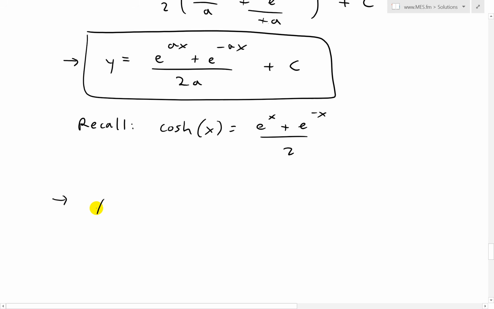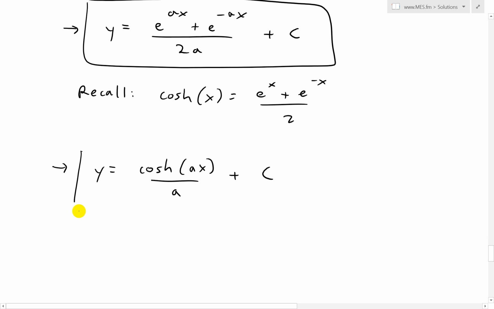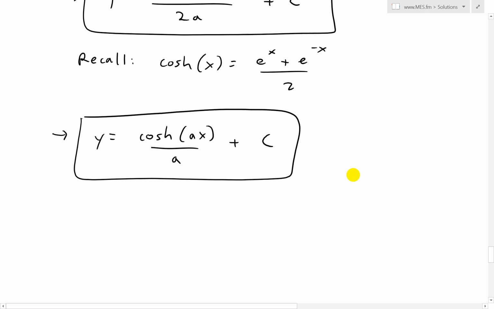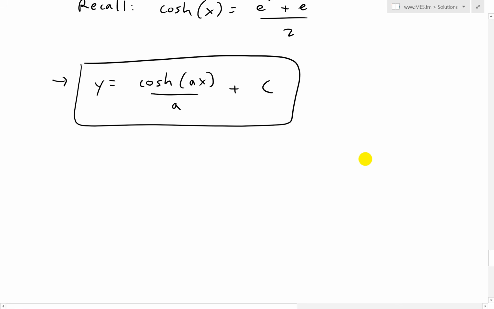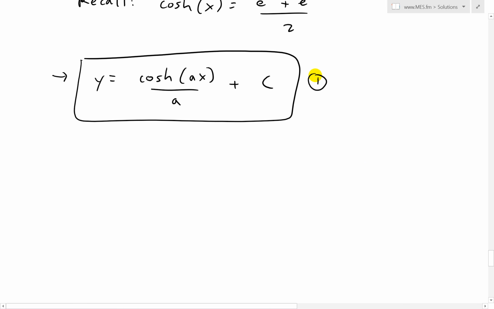So what we get is y equals hyperbolic cosine ax, the only difference being there's an a inside, ax, and then we have to divide by this a, then plus c. This is the format that the website uses, but I'll just type this as equation 1.